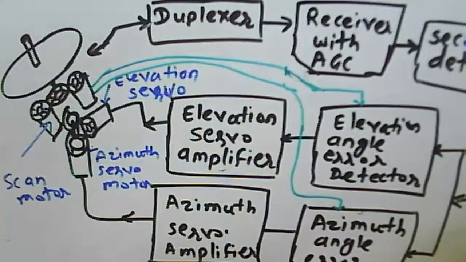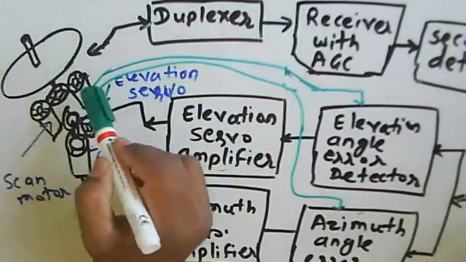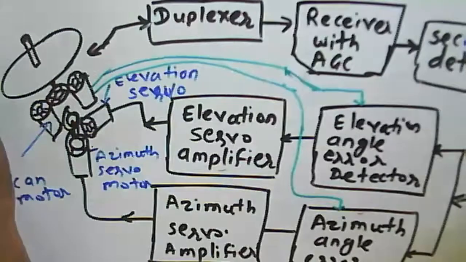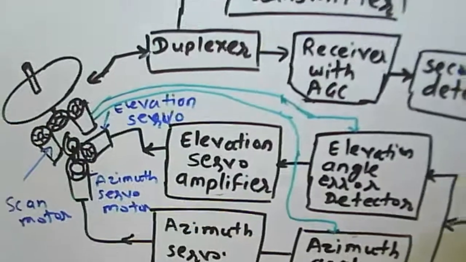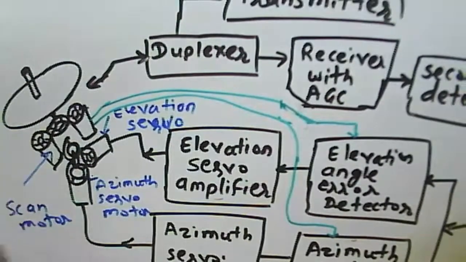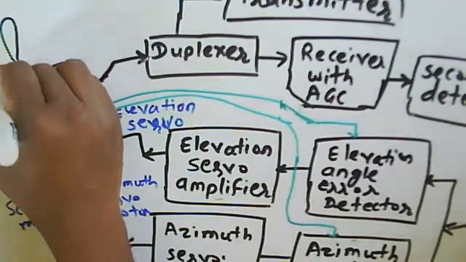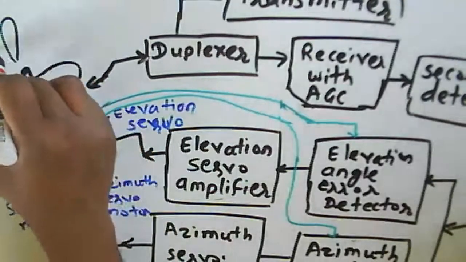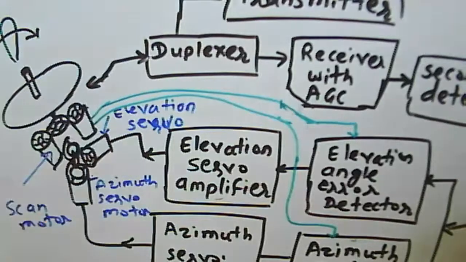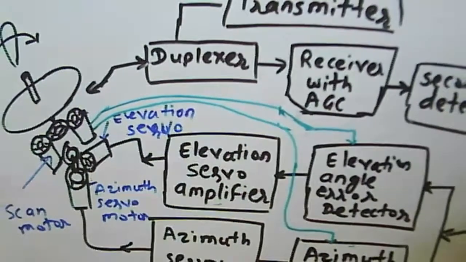If we consider this particular antenna, here we are getting the radiation pattern. If I draw the radiation pattern, it will be like this, and it is rotating in a given particular direction.